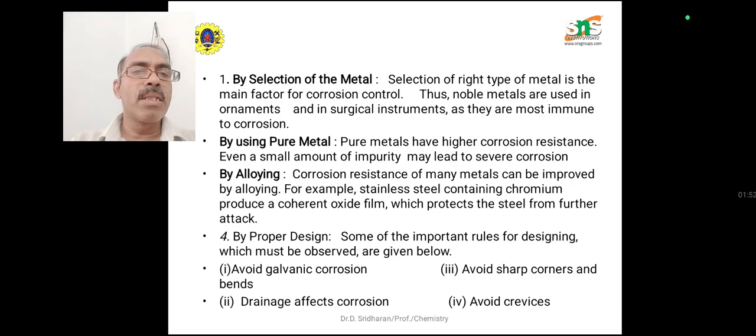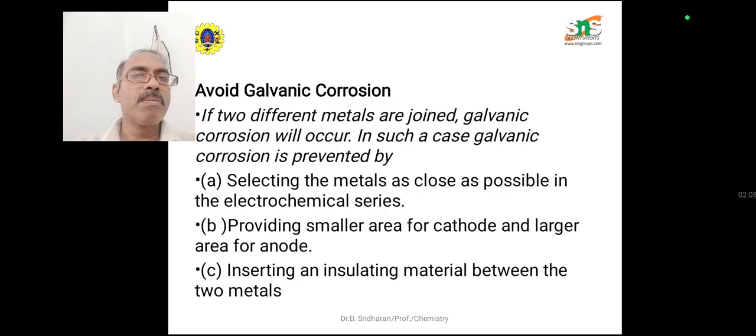By proper design, some of the important rules for designing which must be observed are given below. Avoid galvanic corrosion, avoid sharp corners and edges, drainage affects corrosion, and avoid crevices. The first one is galvanic corrosion. How to avoid galvanic corrosion? If two different metals are joined, galvanic corrosion will occur.